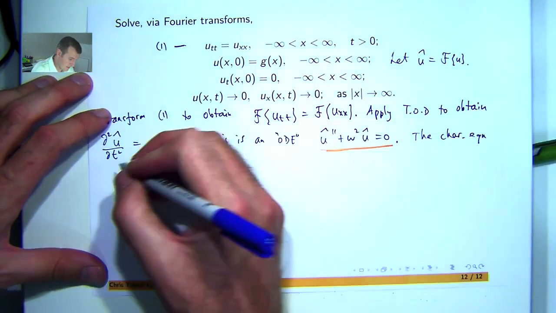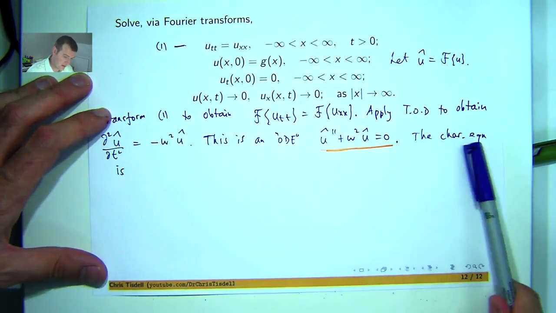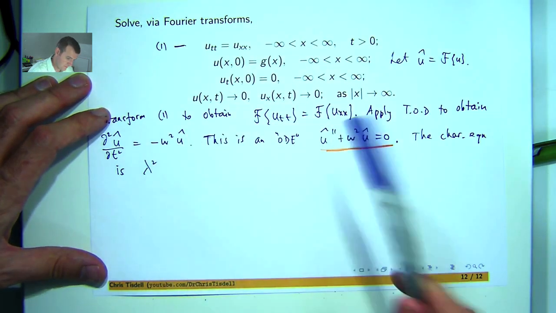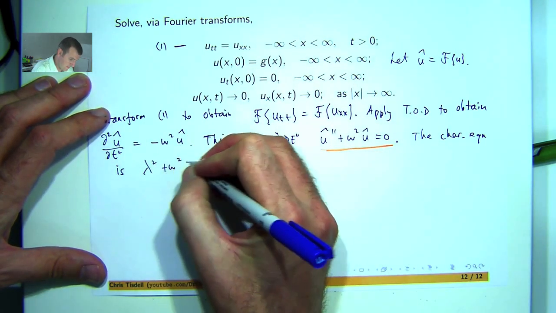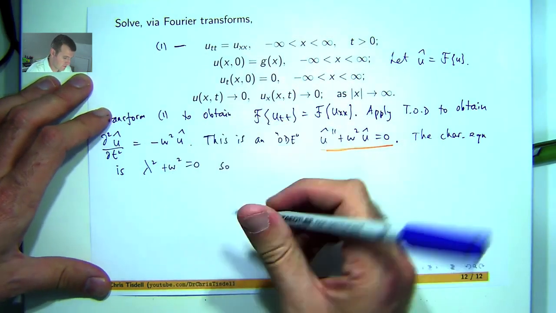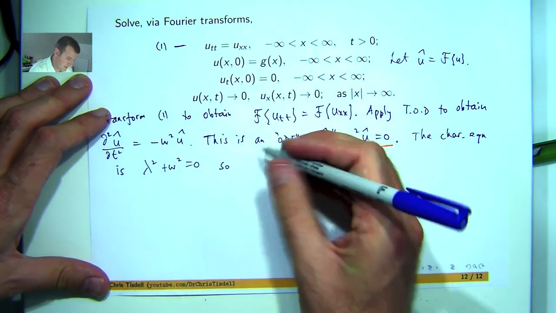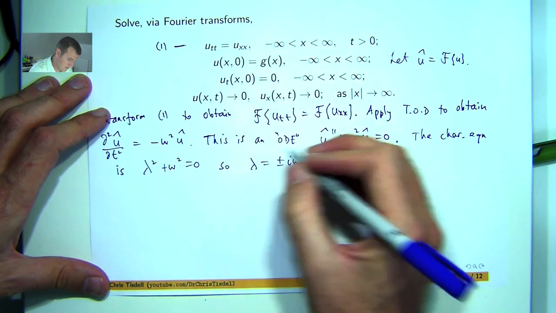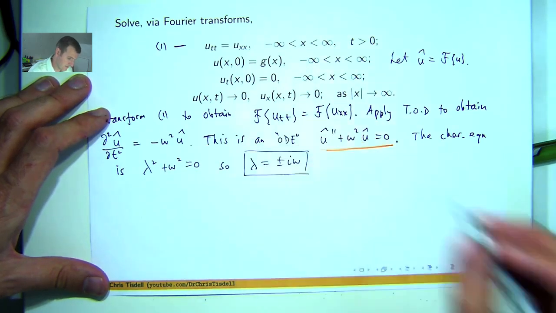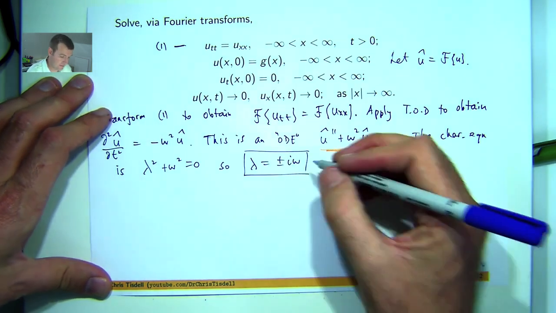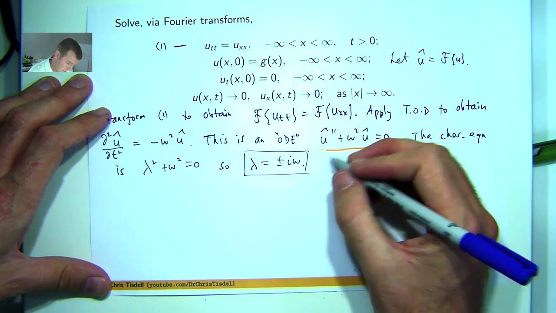So the characteristic equation, and again I've got lots of videos on this, is lambda squared plus omega squared equals 0. Now throughout we're assuming omega is positive, so lambda is going to be plus or minus i omega. So the complex with 0 real part.